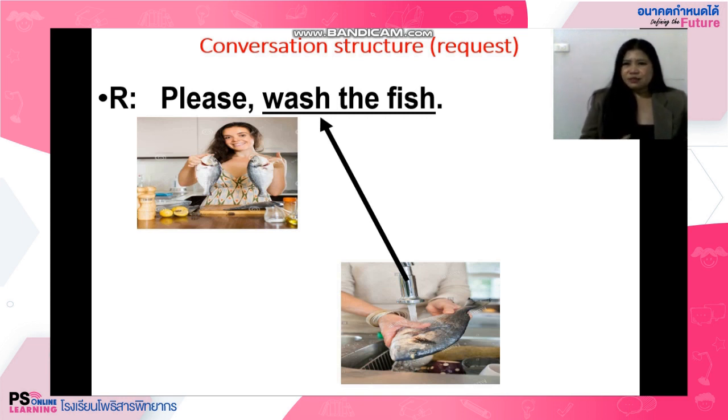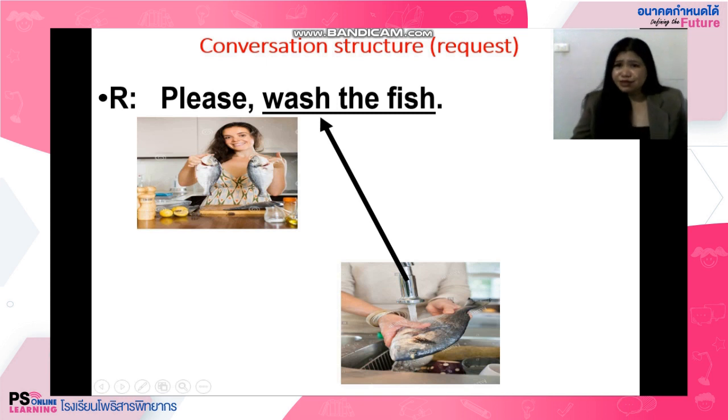Please do this, please do that. And of course, the easiest request is to use please. Please, and then what do you want that person to do? That is wash. And then what to wash? The fish. Please wash the fish.